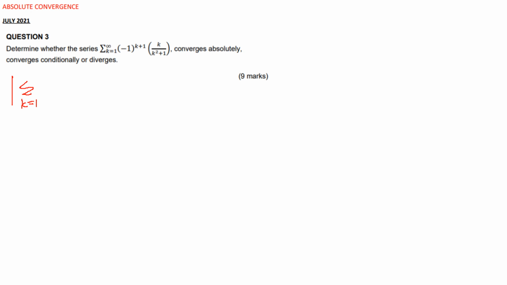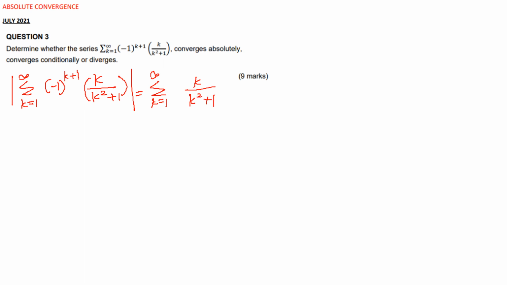Series from k equals 1 until infinity, (-1)^(k+1) k over k squared plus 1. After you take the absolute value, you will get the series from k equals 1 until infinity of k over k squared plus 1.